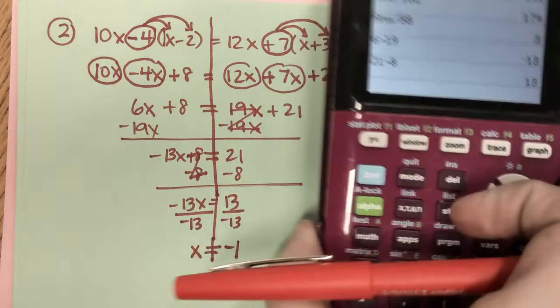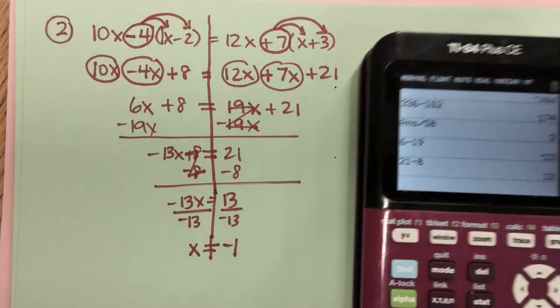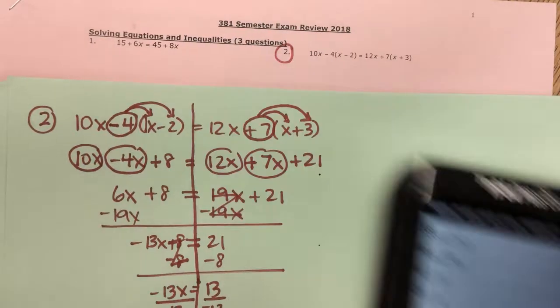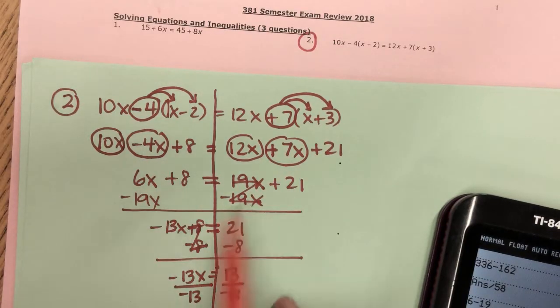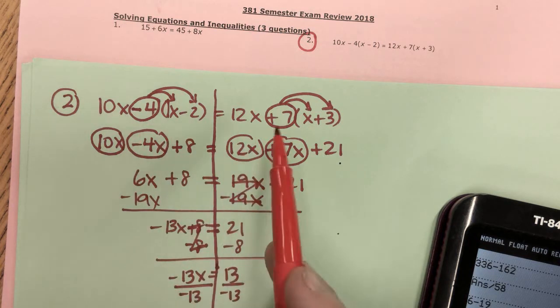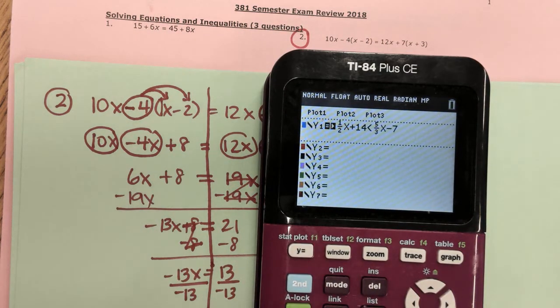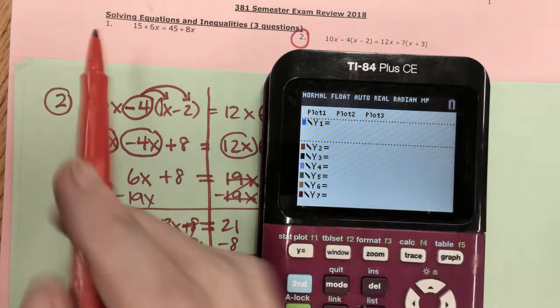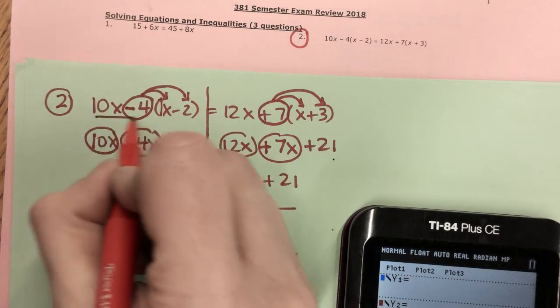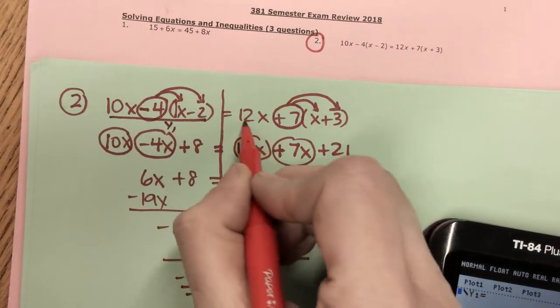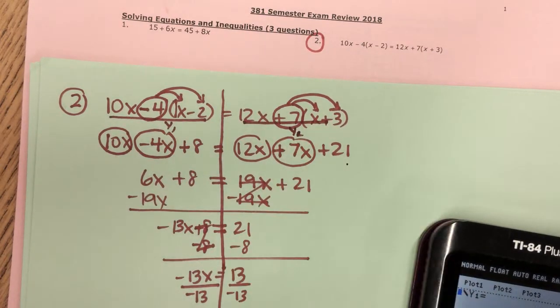Now, I can check my answer using my calculator. What I do is put in the equation I started with. I'm not going to start here or here or here. I'm going to start with the original equation, so I'm going back to the printed paper and putting the original equation in my calculator. Remember, I put what's on the left in y1 and what's on the right in y2.